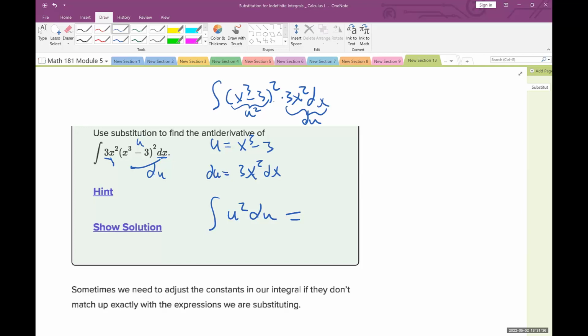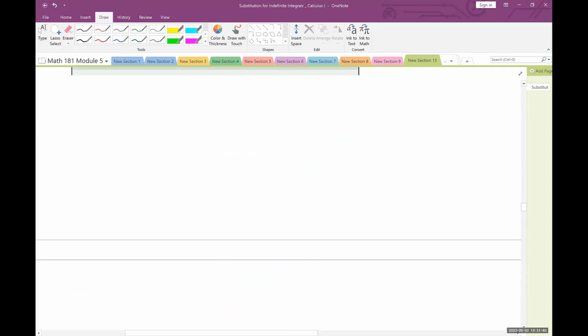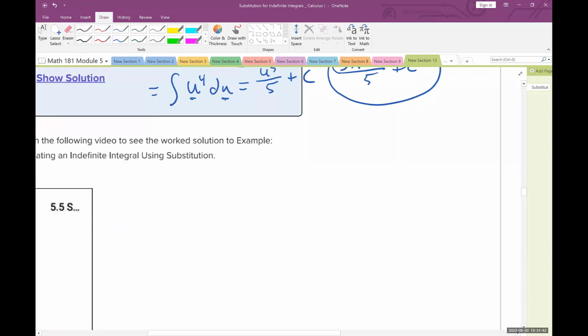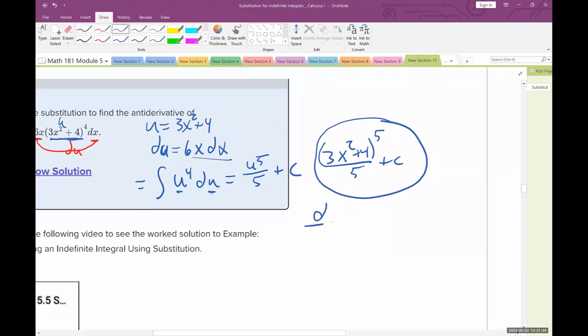So if you remember our chain rule, let's take this last one, for example. If we took the derivative with respect to x of 3x squared plus 4 to the 5th power over 5 plus c, c is just some constant, so that's going to go away. What's that derivative going to look like?